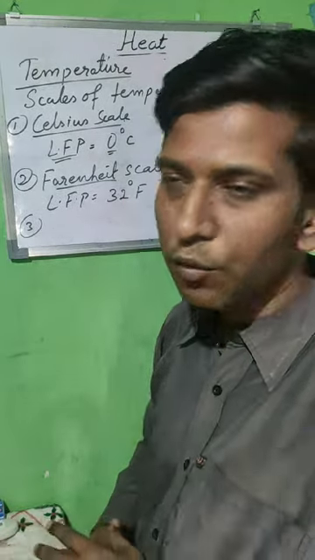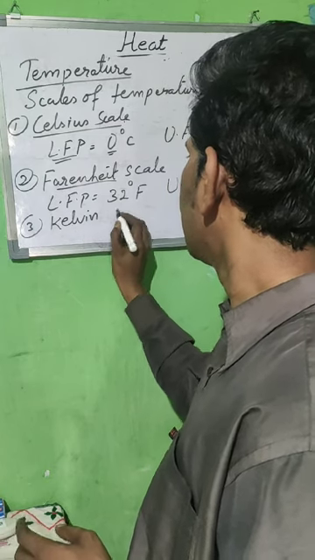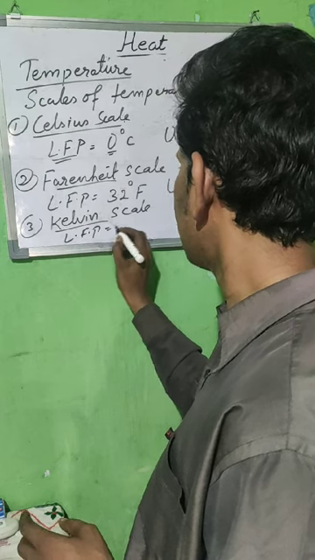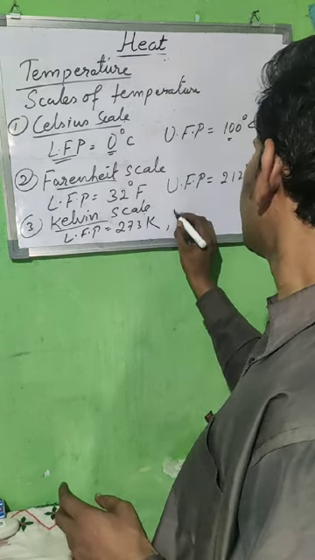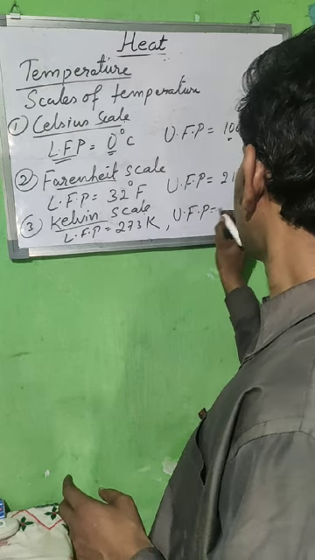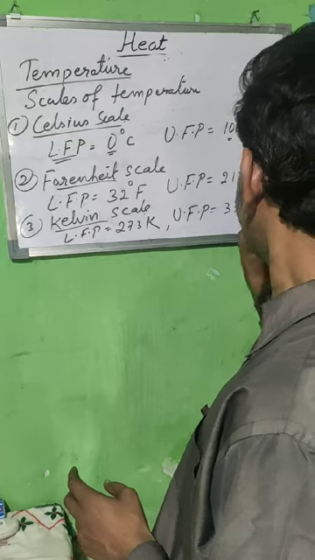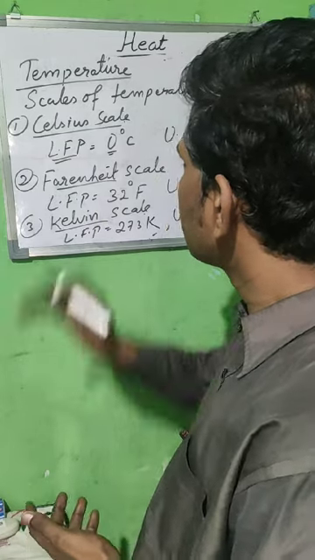Actually for scientific calculation we use the Kelvin scale. In the Kelvin scale the lower fixed point is 273 Kelvin, and the upper fixed point is 373 Kelvin.